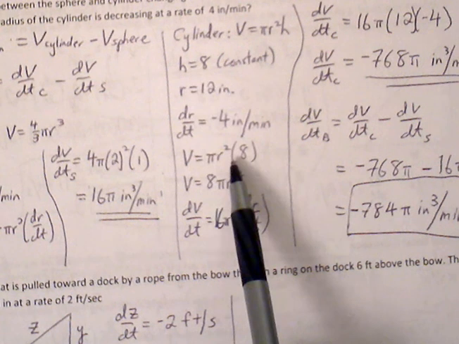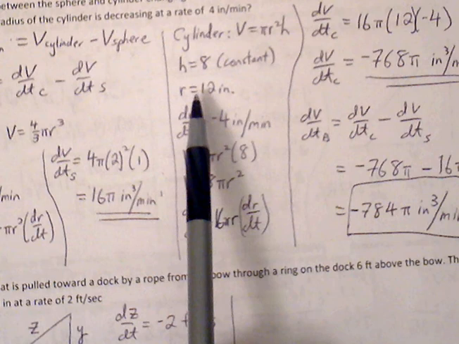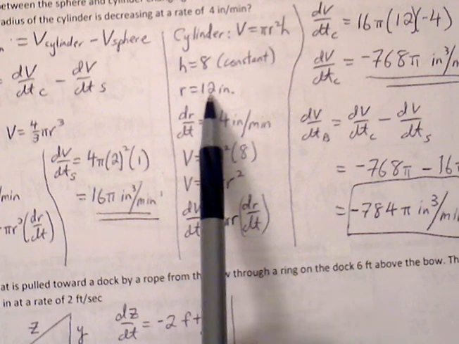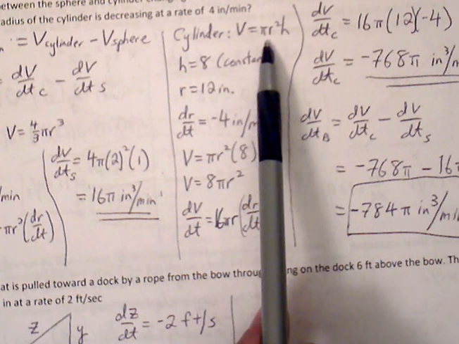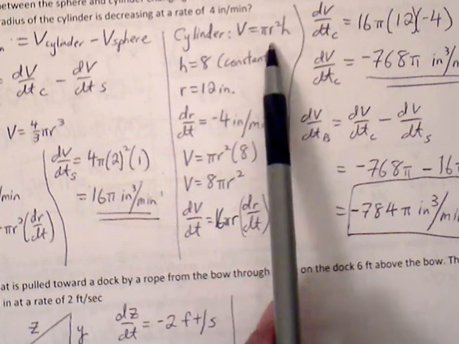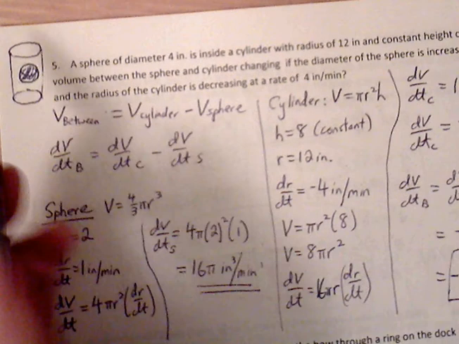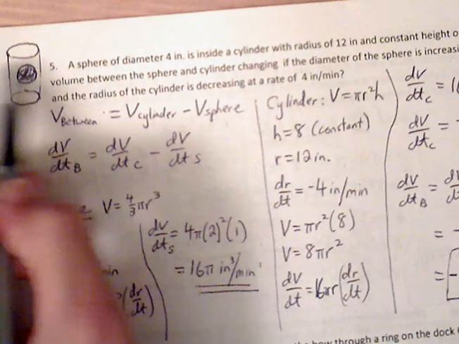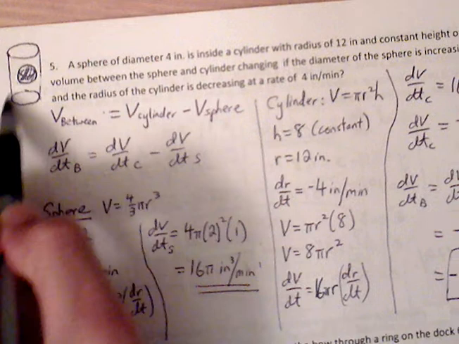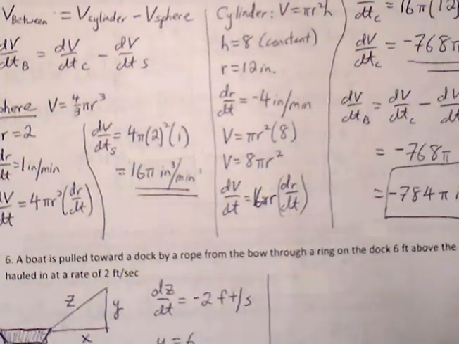We know r is 12 inches, but that's just a moment in time. So we don't want to replace r with 12, because the radius is going to be changing for this particular cylinder. Normally it doesn't, but in this case our cylinder is changing sideways while the height remains constant.